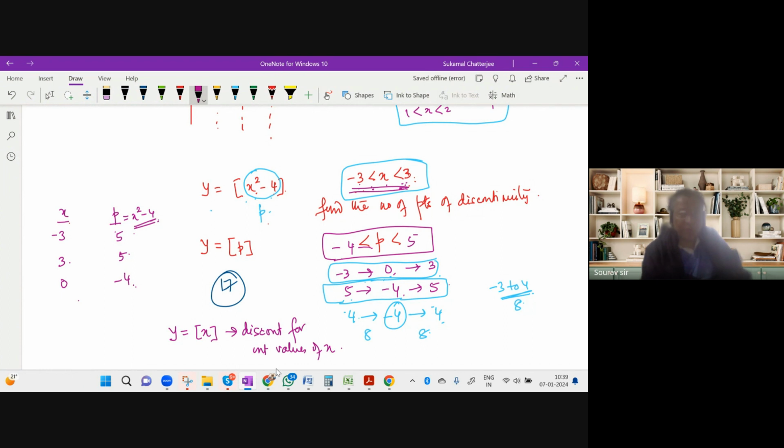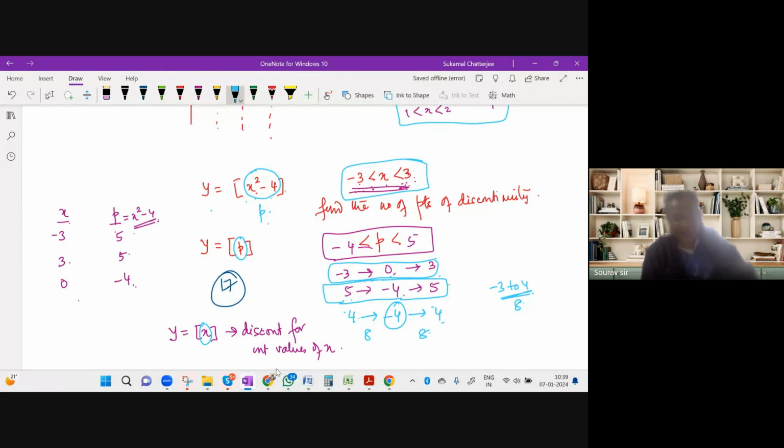Now, the common mistake that students make is when they see this function, they put integer values of x and calculate from -3 to +3, which is not correct. Because it has to be discontinuous for integer values of x. And what is x here? X is whatever you see inside the bracket. So, therefore, I have to put something for x square minus 4 to make it in that form.